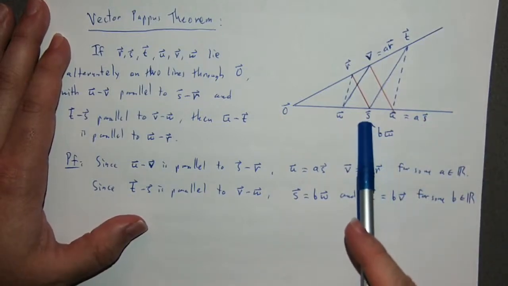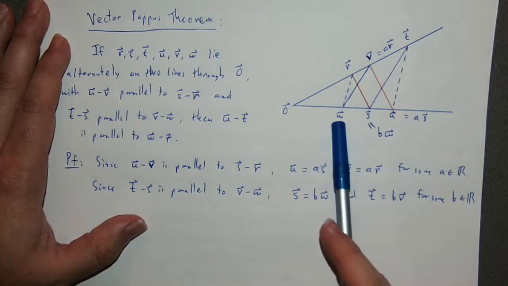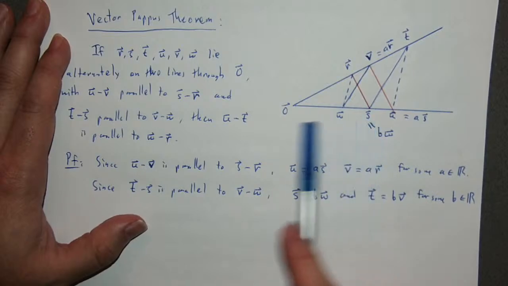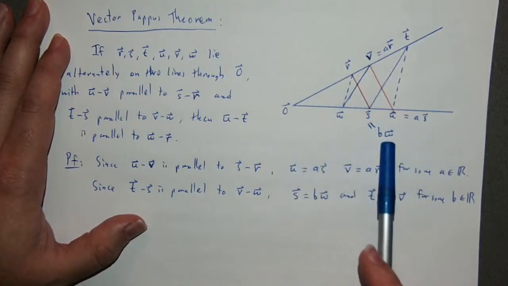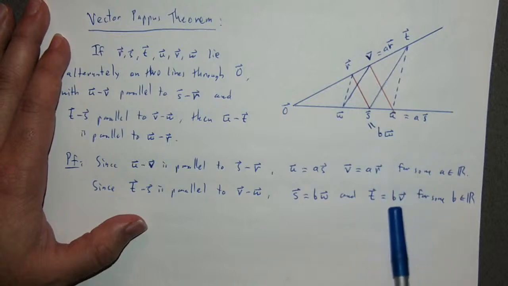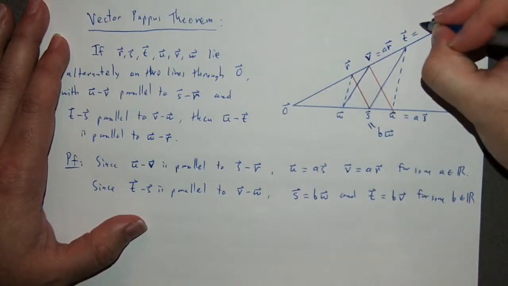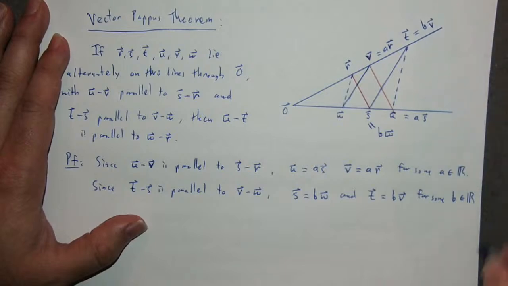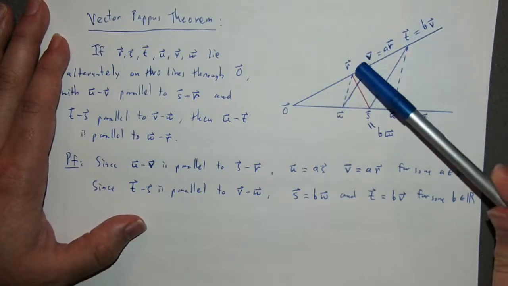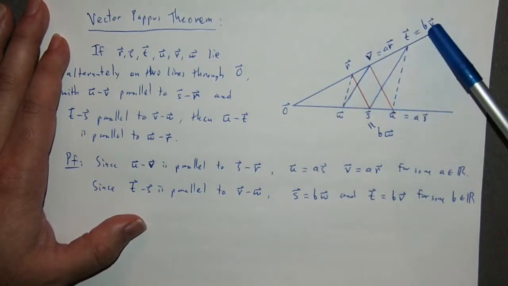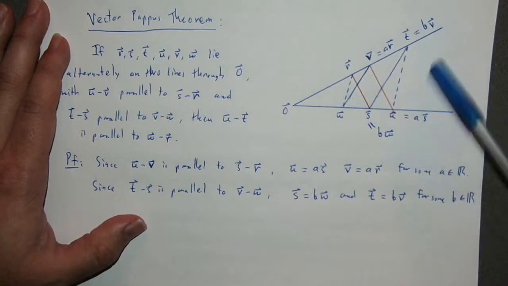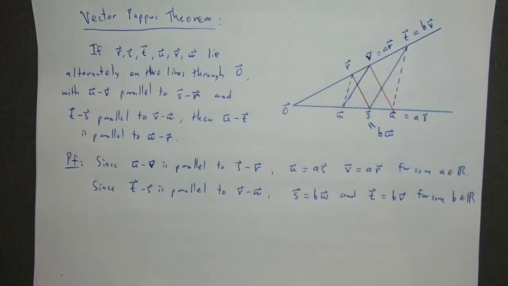Again, we knew that S is a scalar multiple of W, so that fact just comes from looking at this picture. But the fact that this B is the same scalar in the relationship I'm about to write here, T is BV, again, we knew that T and V are scalar multiples, but it's the fact that it's the same scalar B here for both of these.